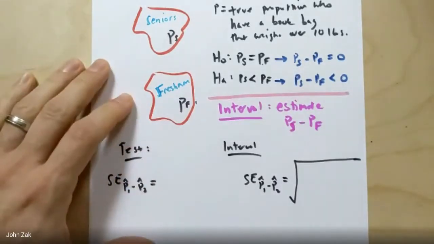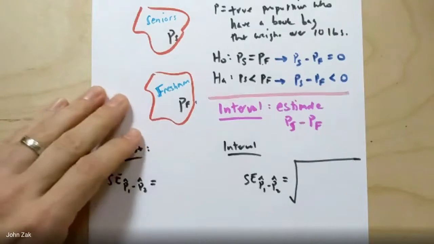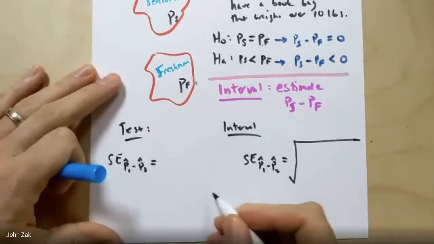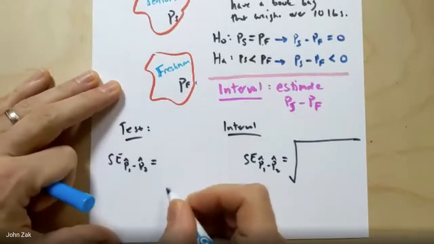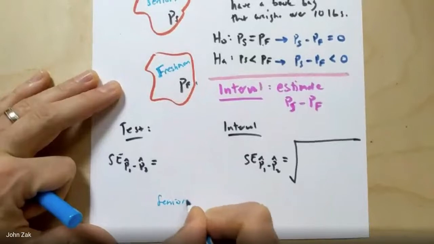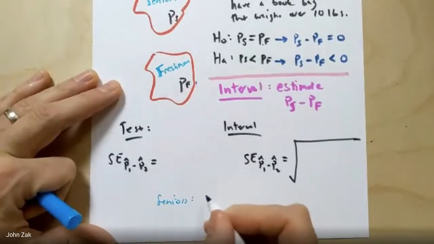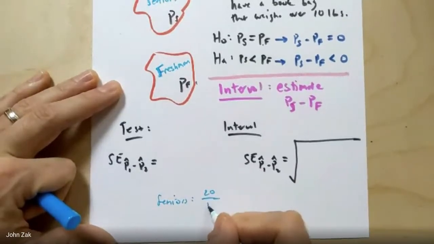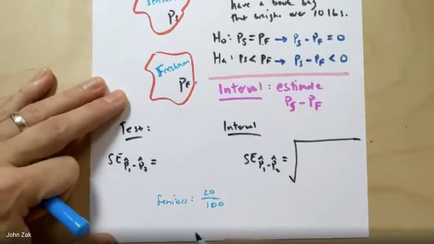So let's say we collected, it's not good to make data up, but I'm going to make data up. Let's say amongst our seniors, we found that there was, I don't know, like 20 out of 100, that's probably even too high, that had these really heavy bags.